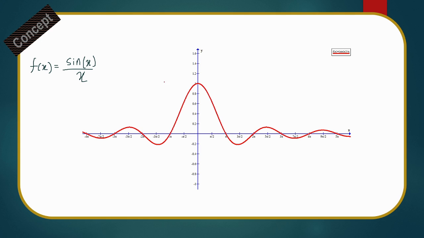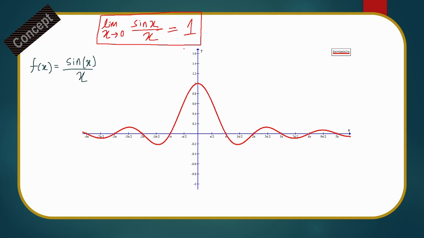So this is a graph between y and x, where y equal to f of x equal to sin x by x. As we know, the standard result says limit x tends to 0, sin x by x equal to 1.